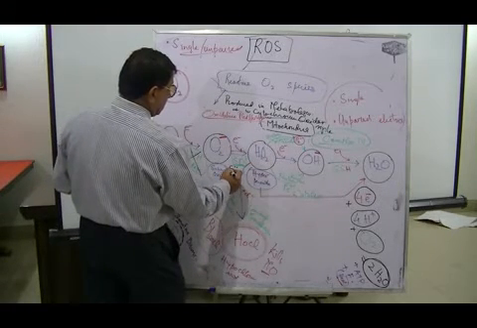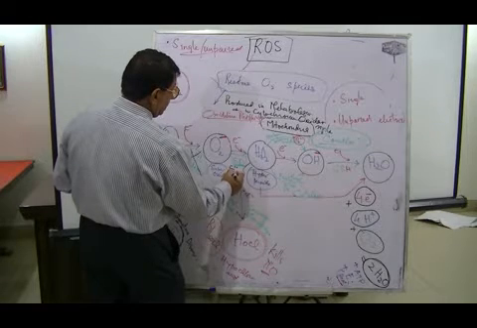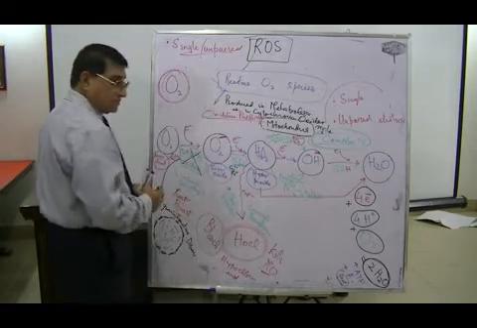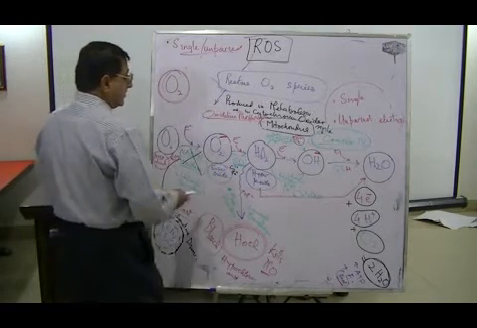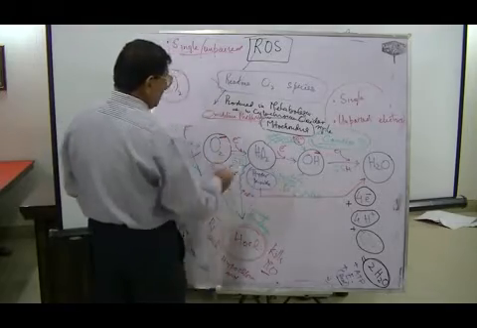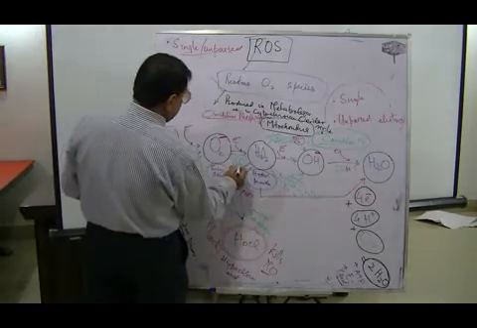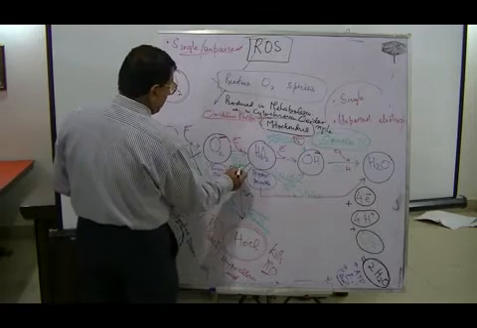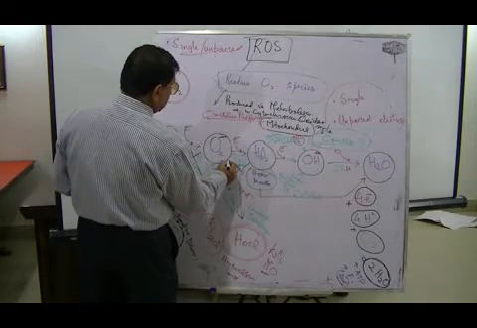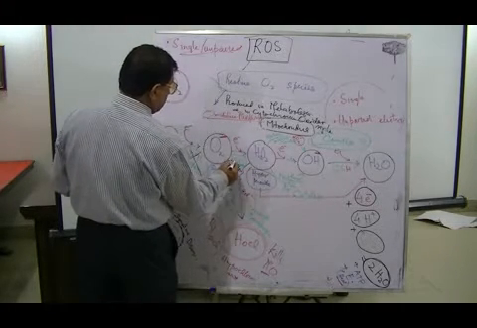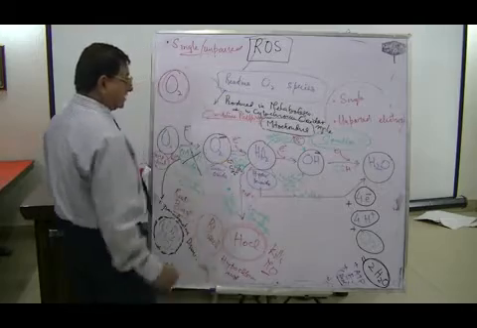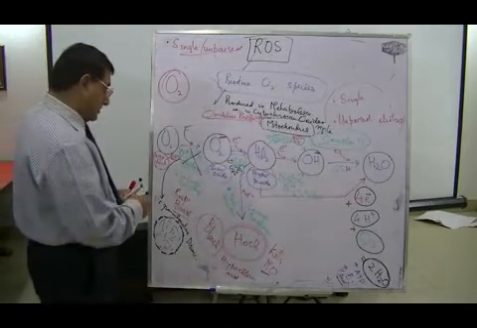Then it has got manganese in the mitochondria, where it also has a cofactor of zinc in the cytoplasm. So in the cytoplasm, it is copper and zinc. Extracellularly, it is copper. These are the cofactors for superoxide dismutase.